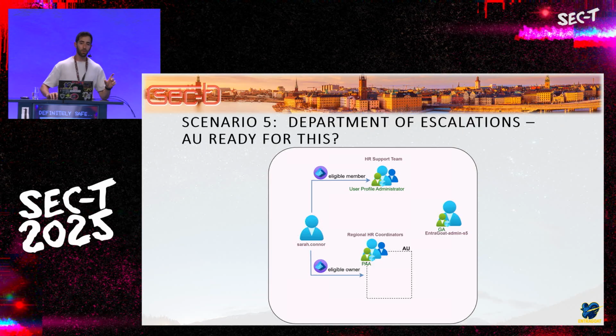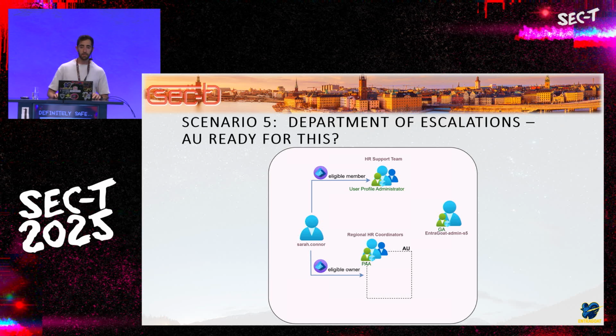That means only a few users with that access are able to perform the permissions you have. So the Sarah Connor user is an eligible owner of a group. We already saw what you can do with group ownership in scenario number 3, but it's very restricted to a specific AU inside Entra ID.